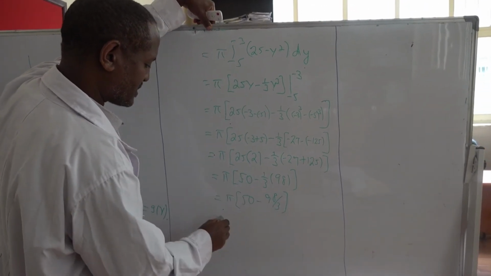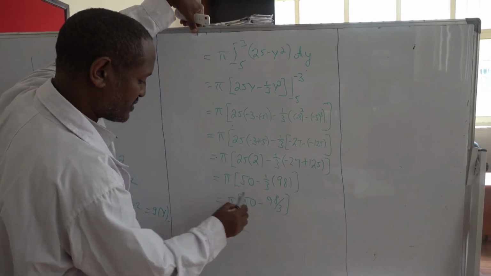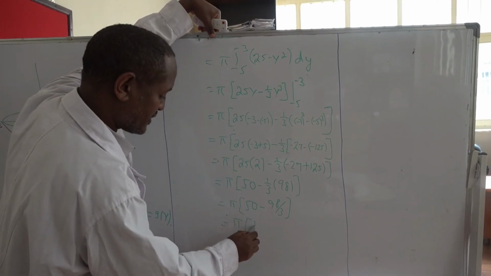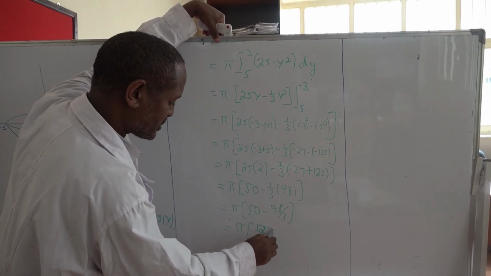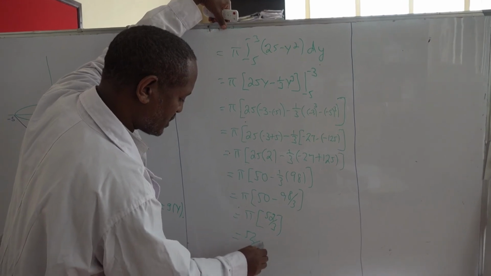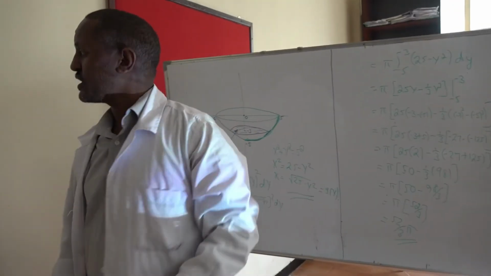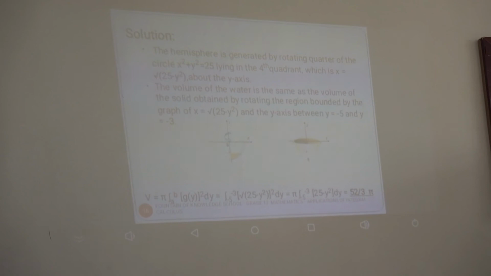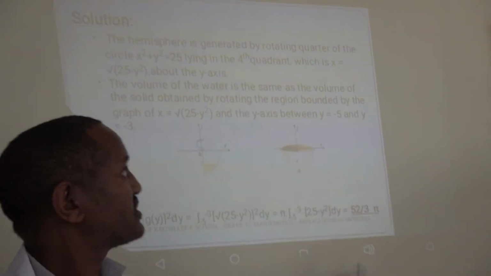Now let us subtract this one from 50. 3 times 50 is 150. 150 minus 98 is 52. 52 over 3. Therefore, the volume of that water will be 52 over 3 pi. Now let us see the answer in our slide. Yes, it is 52 over 3 pi.